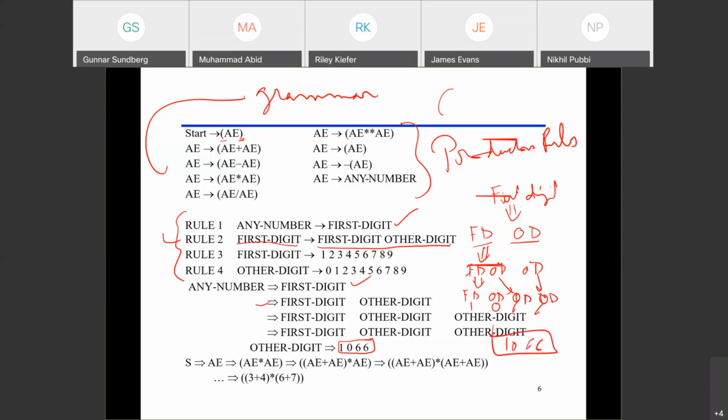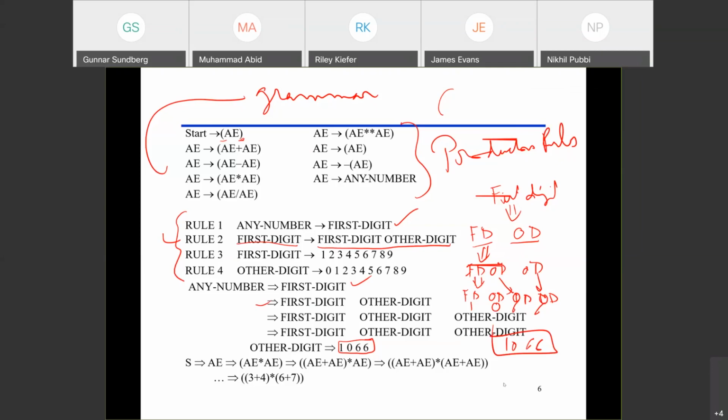And this is called a derivation. You derive your actual sentence by using the production rules, and these production rules tell you what should come at the first place, what should come at the second place, and you can generate a number of any size with that. That's the idea behind it.